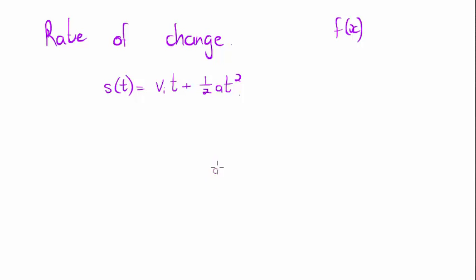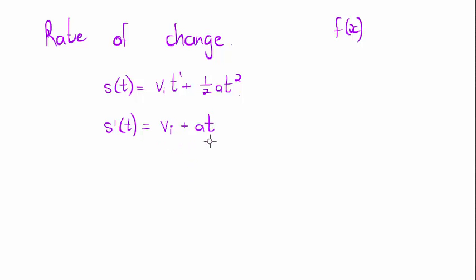Now notice what I get when I take the derivative of this. The derivative gives me initial velocity, because I'm now finding the derivative in terms of t. So it's a 1 times the v plus the 2 times a half is just 2 times a t.